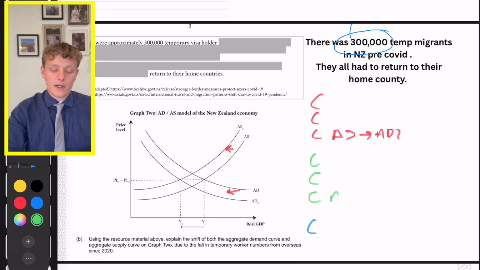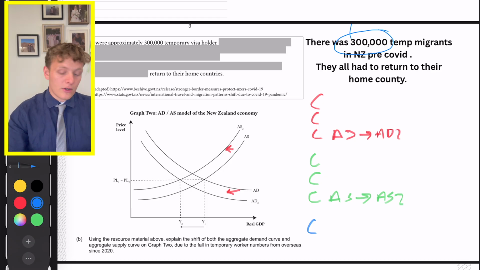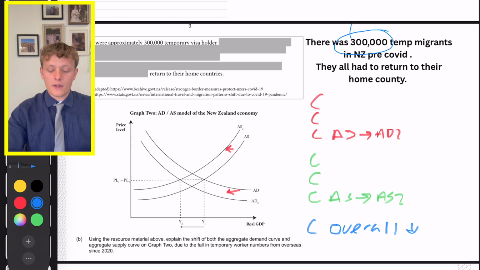And then last sentence: overall, the decrease in AD added to the decrease in AS leads to an overall decrease in GDP from Y to Y1.